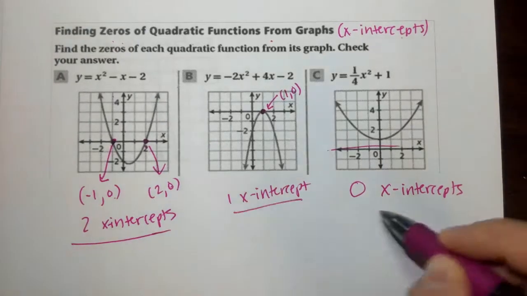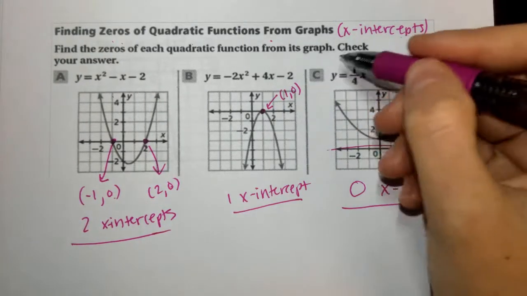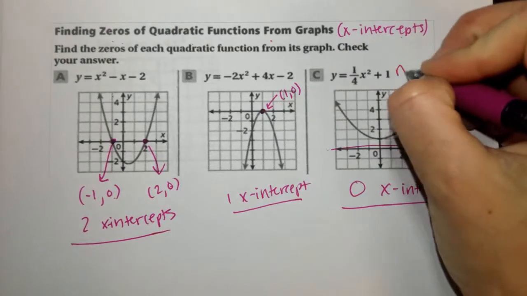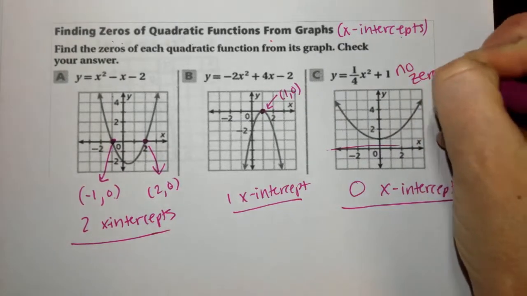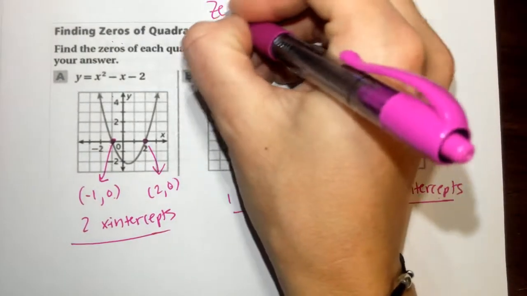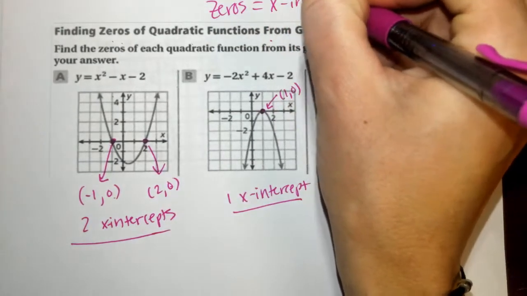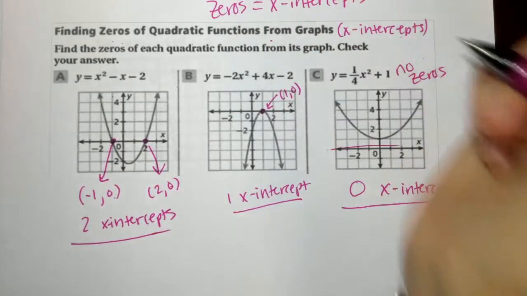So 3 situations that can happen with the quadratic function. On this one, you would say no zeros, which is the same as saying no x-intercepts. Zeros and x-intercepts are interchangeable when we are talking about quadratics.